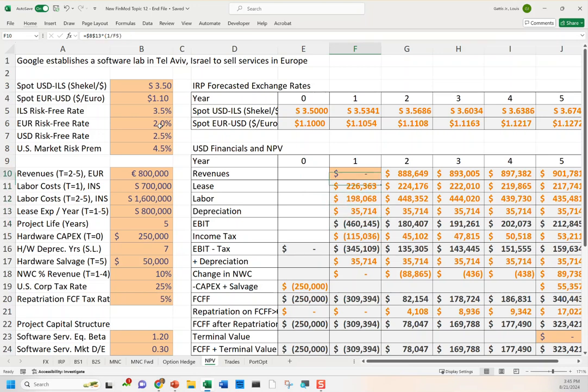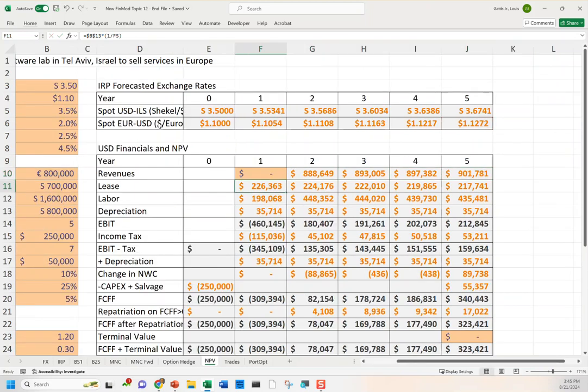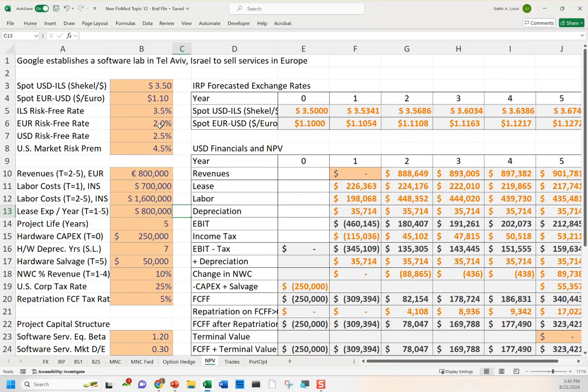All right, so the revenues are in euros, the costs are in shekels. So notice I've used the euro exchange rate to convert the revenues, and I use the shekel exchange rate to convert the costs.